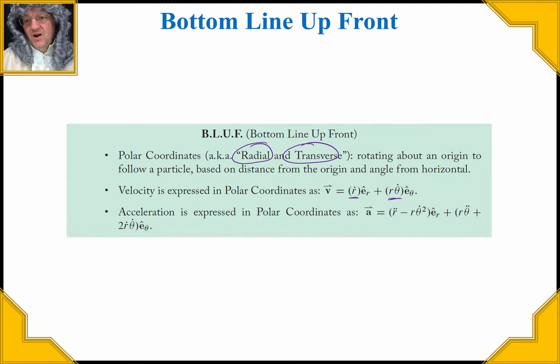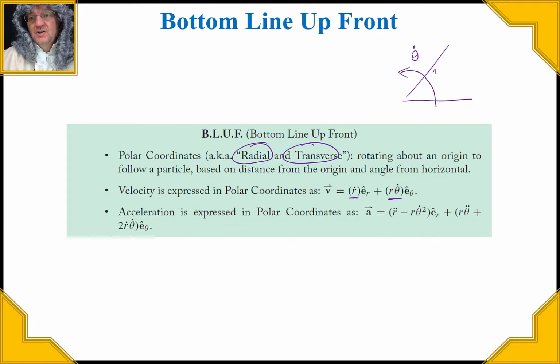So theta dot is going to be the rotation, and here's r. So there's going to be a component of velocity that's r times theta dot, and the other one is r dot. We're going to cover that again some more, but that's how it's expressed.